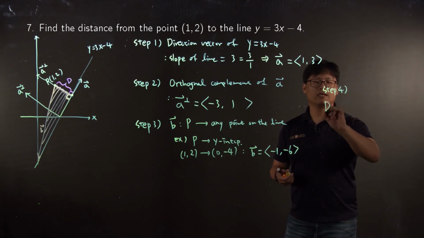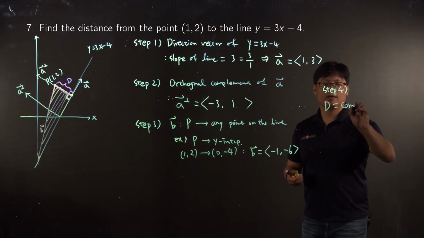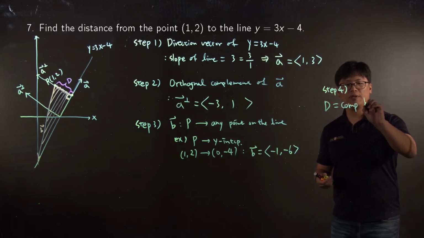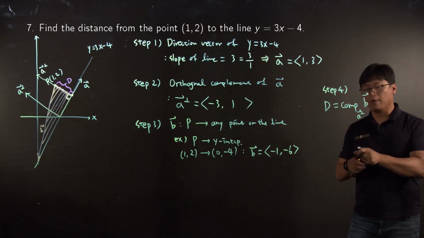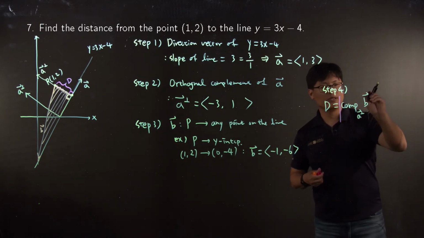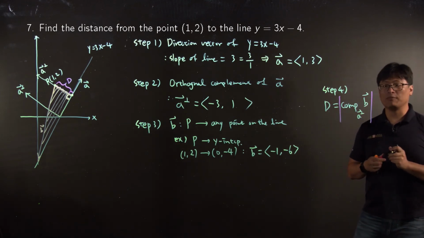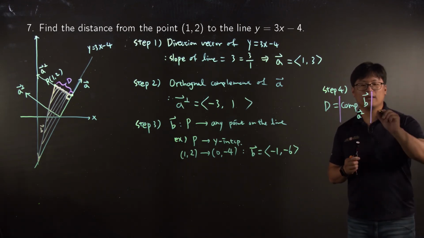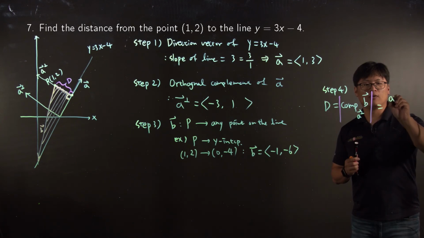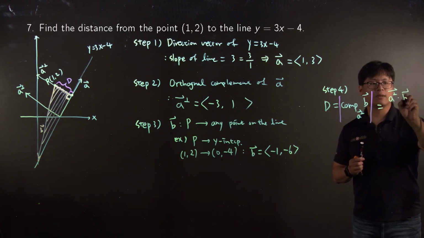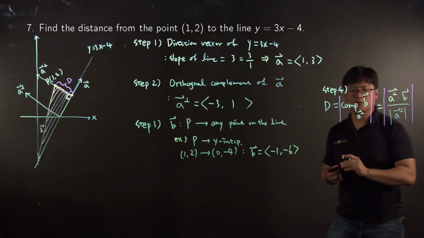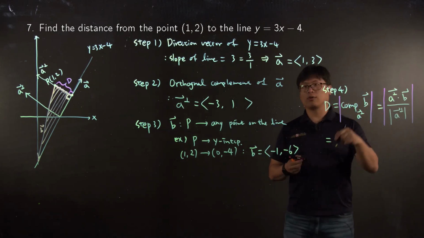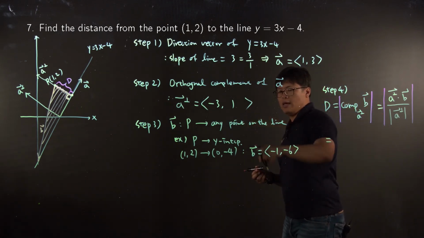Your distance D can be calculated by the scalar projection of B onto A orthogonal. But keep in mind, as I told you, it must be an absolute value. If you have a negative value, don't worry about it, make it positive. That equals A orthogonal dot B over the length of A orthogonal, again in absolute value. A orthogonal is (-3, 1) and B is (-1, -6).